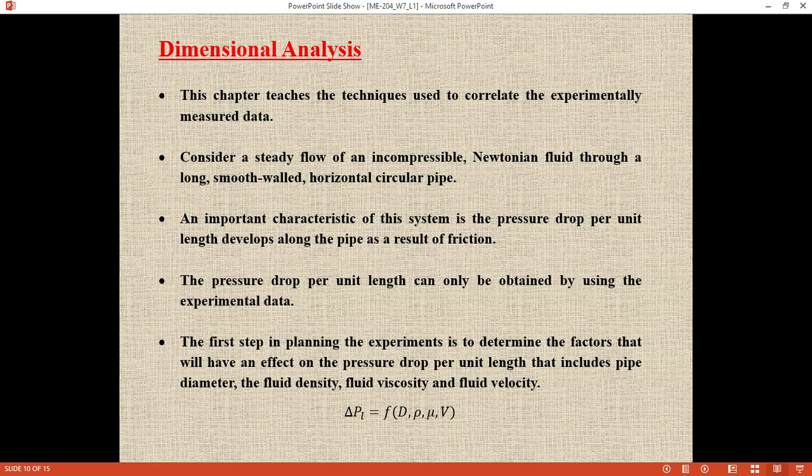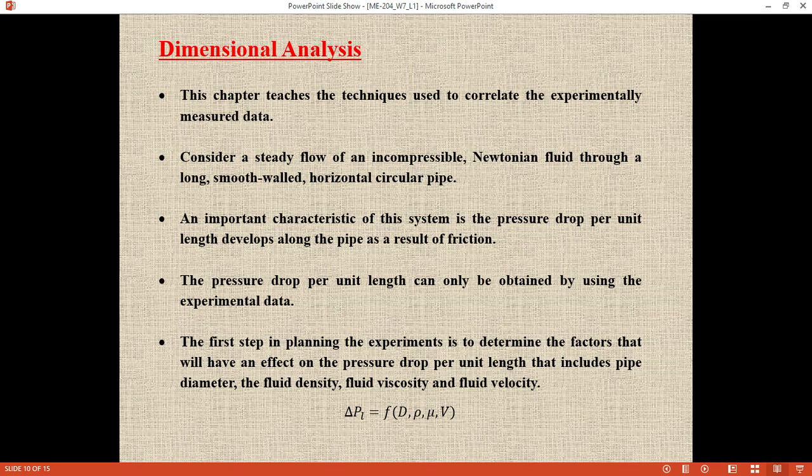So here we are considering the case of water flowing through a circular pipe. Consider a steady flow of an incompressible Newtonian fluid through a long smooth-walled horizontal circular pipe. An important characteristic of this system is the pressure drop per unit length.